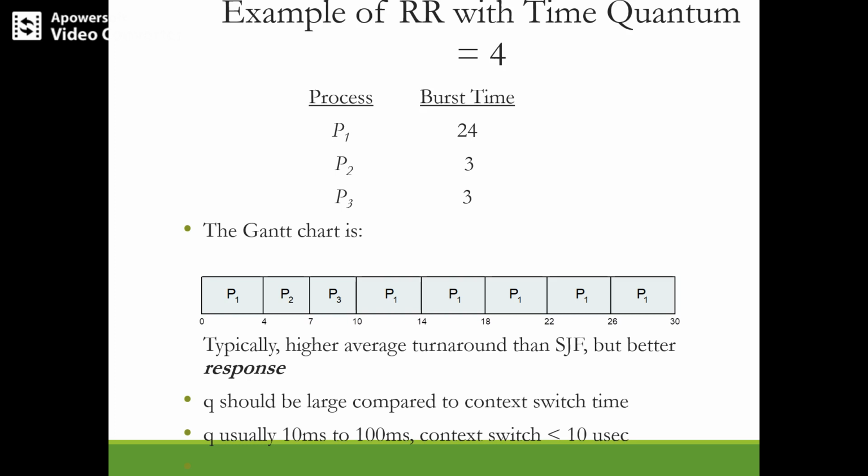Even though process P1 has more time to execute, 24 milliseconds, it has to give up the CPU and give the turn to the next process. So process P1 comes into the CPU first, and it remains there for 4 milliseconds, and after 4 milliseconds it switches over to the next process P2, which gets the CPU and executes for 3 milliseconds completely.